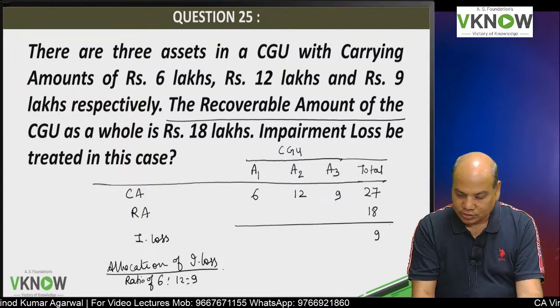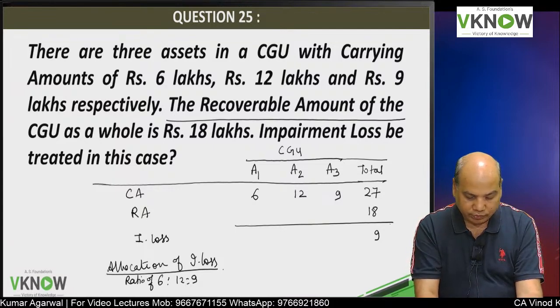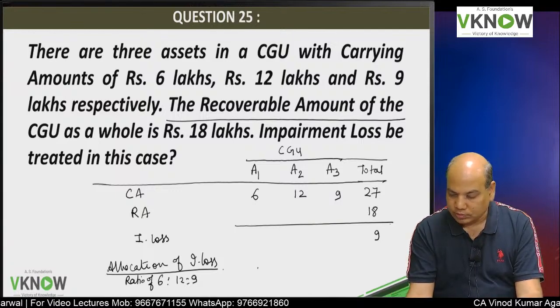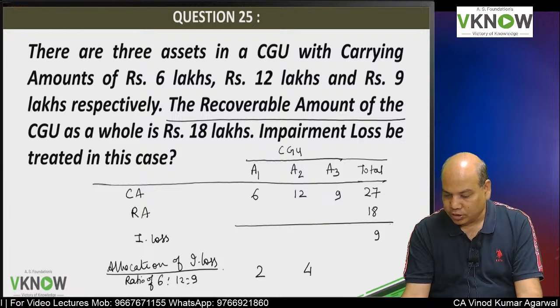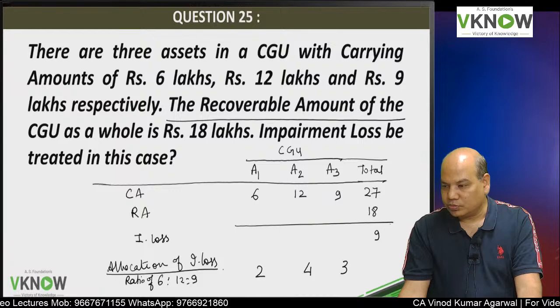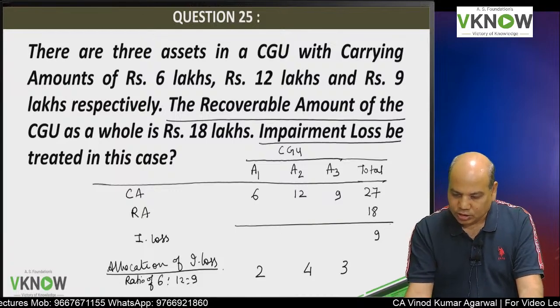Let me try. 6 divided by 27 into 9. So the answer is 2 here, 4 here and 3 here. This way the impairment loss will be allocated.